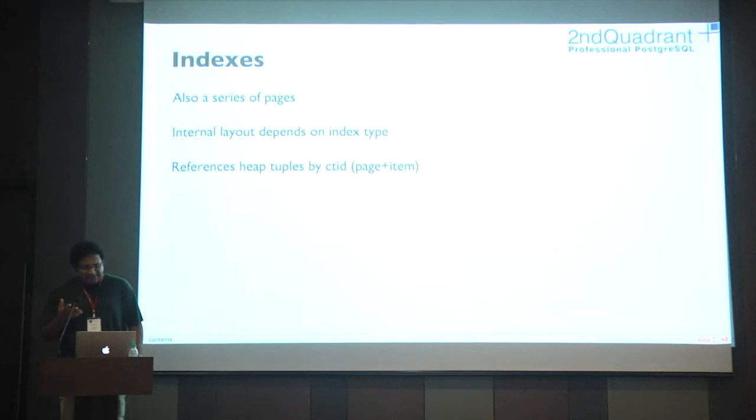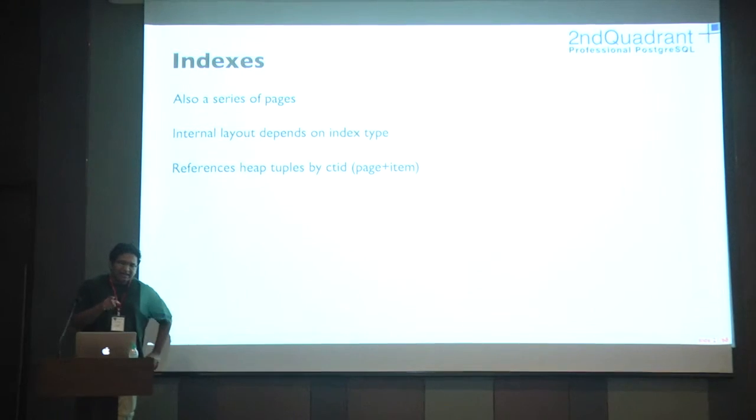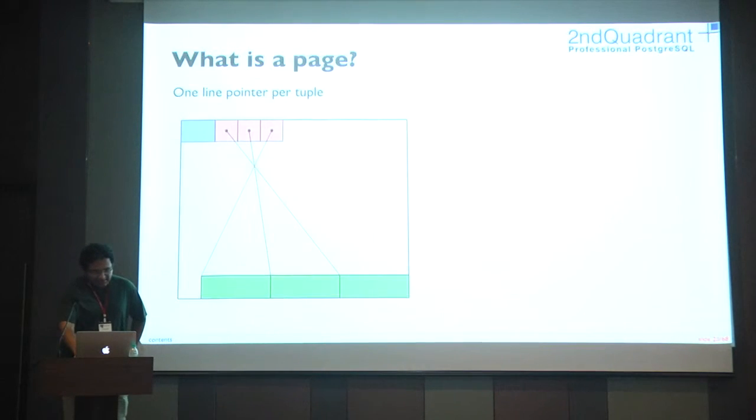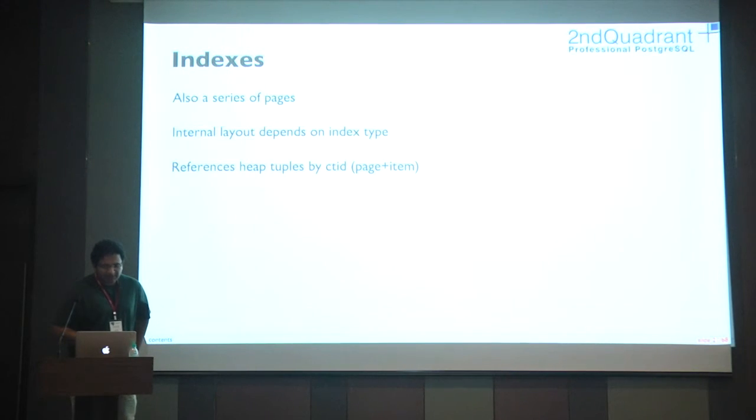So the item ID of a particular row is a sort of pointer to that row, which says which page it lives on within the relation. And when it says item, what that means is the index of the line pointer that points to that particular row. So you identify the page, and then you identify which line pointer you're interested in, and that uniquely identifies a tuple within a table.